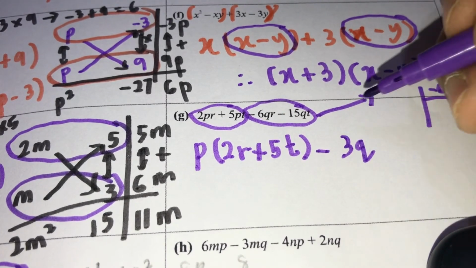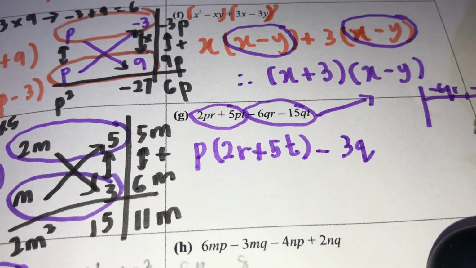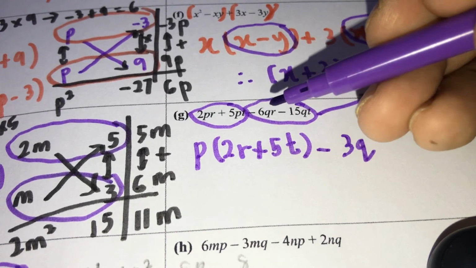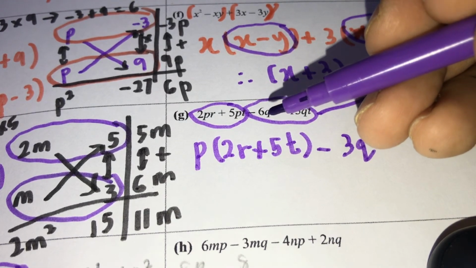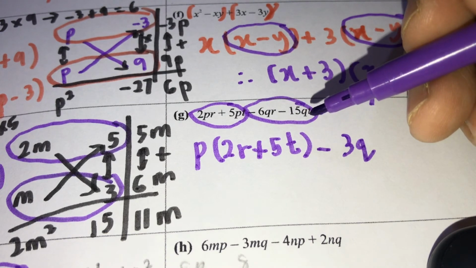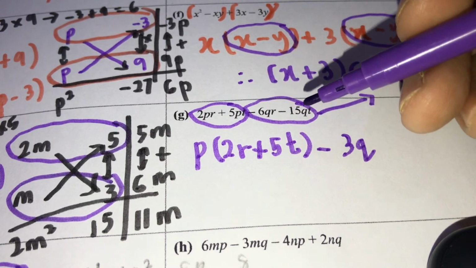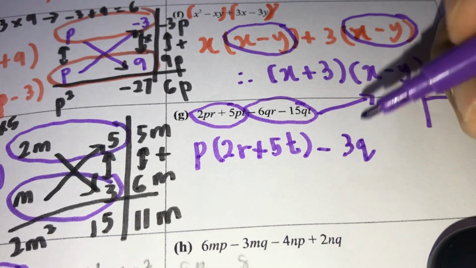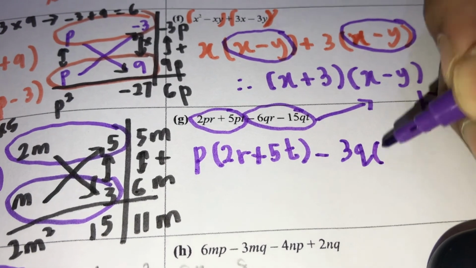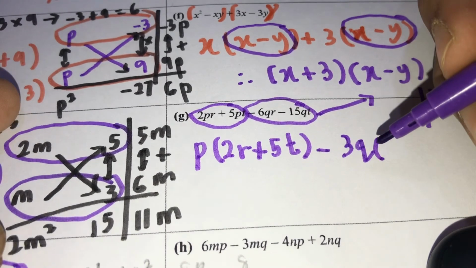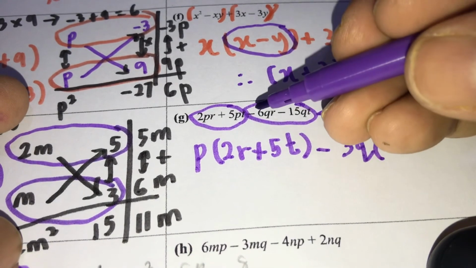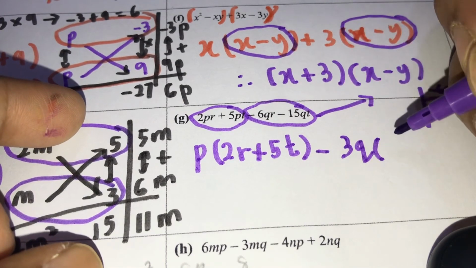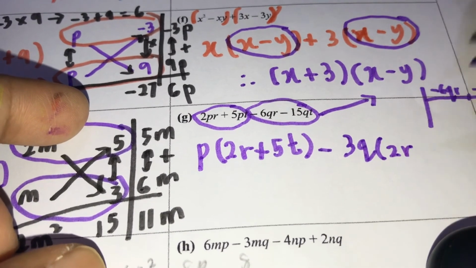If you can think, you don't need the HCF method. Because the common factor for 6 and 15 is 3, and here also have Q, here also Q, the common factor Q. That's why I put 3Q here. Then negative 3Q times 2, because 3 times 2 is 6, so 2R.